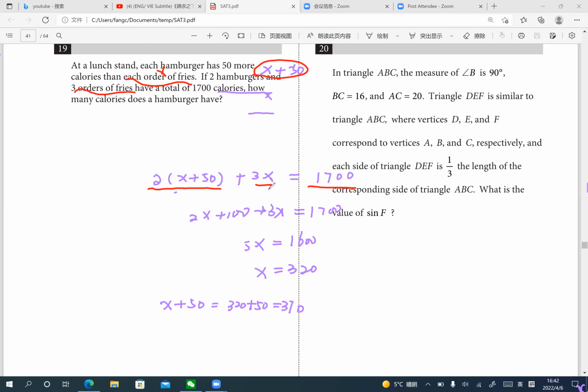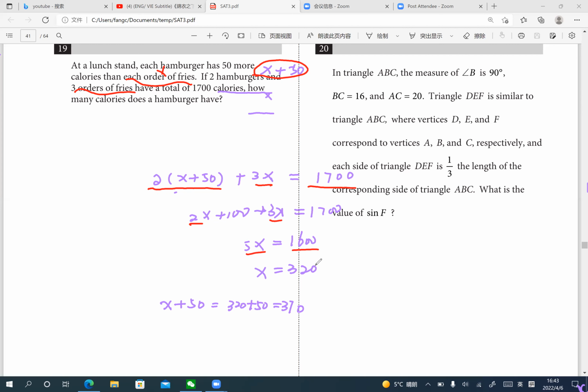Solve this equation and find the value of x. 2x plus 100 plus 3x equals 1700. Combine like terms, 5x equals 1600. So x equals 320 calories.